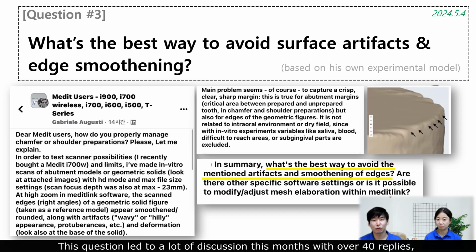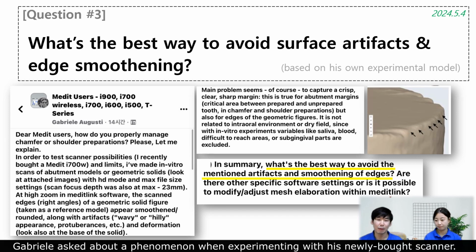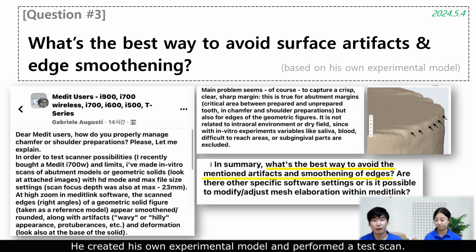This question led to a lot of discussion this month with over 40 replies, so we really wanted to address it here. Gabriel asked about a phenomenon when experimenting with his newly bought scanner. He created his own experimental model and performed a test scan.